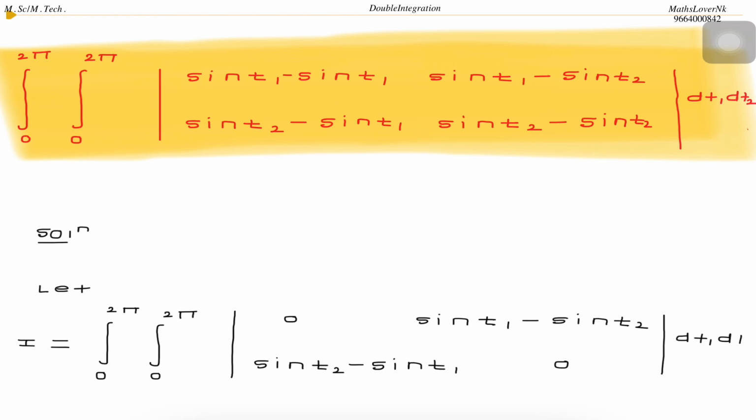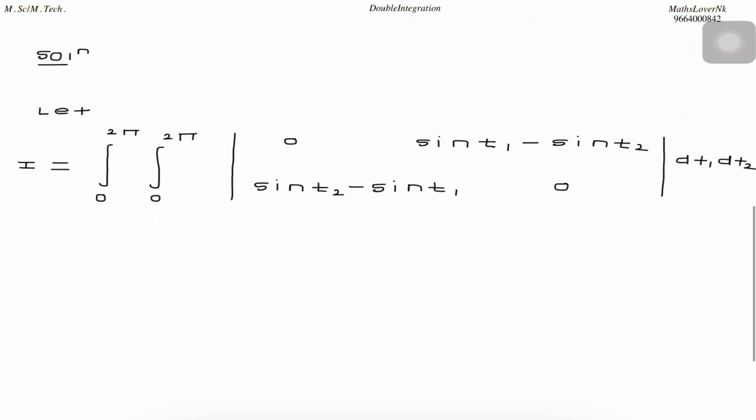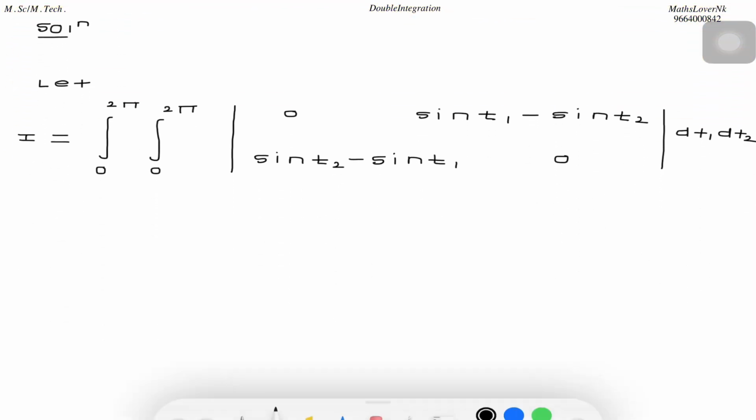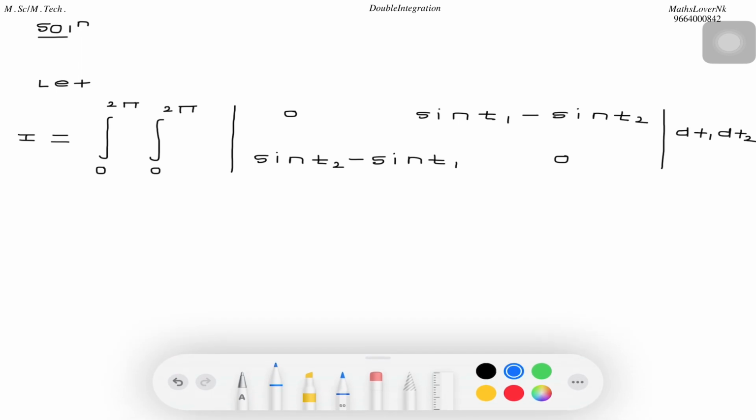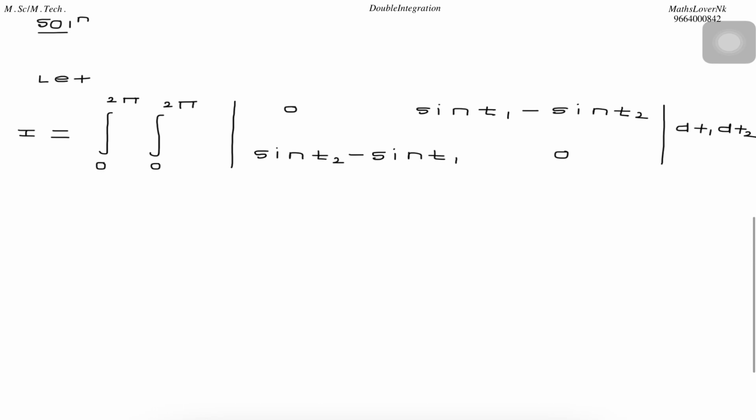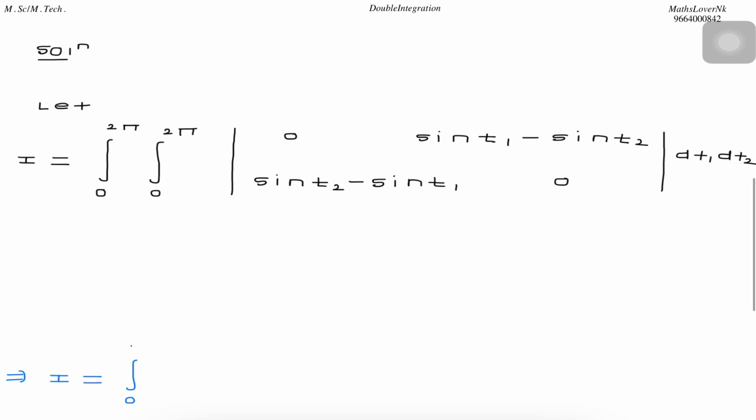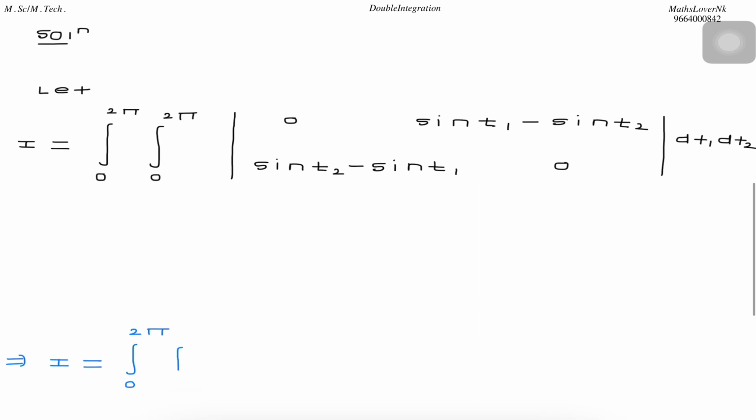Now we solve this. We know that if the determinant is given, then we multiply 0 times 0 minus (sin t1 minus sin t2) into (sin t2 minus sin t1). So I is equal to the integral from 0 to 2π, 0 to 2π.